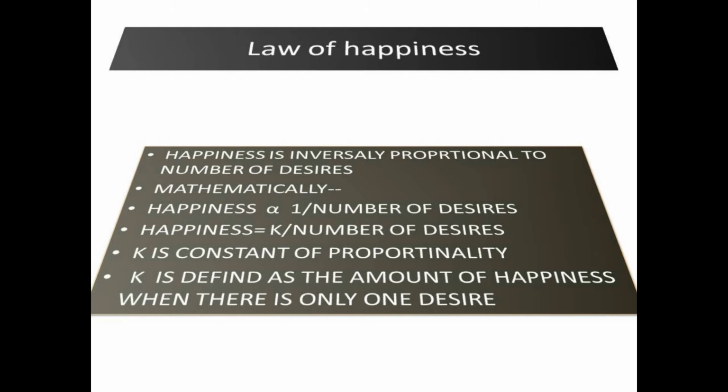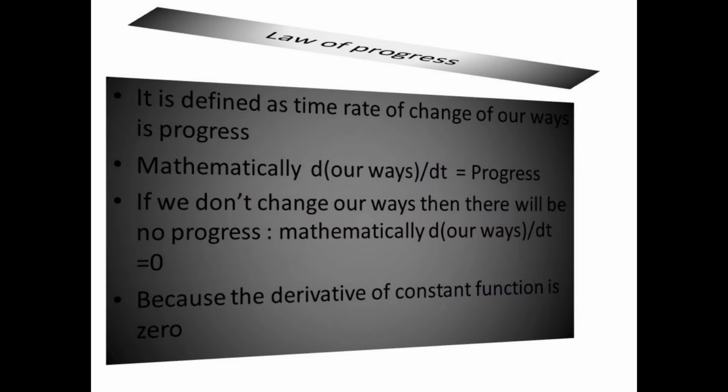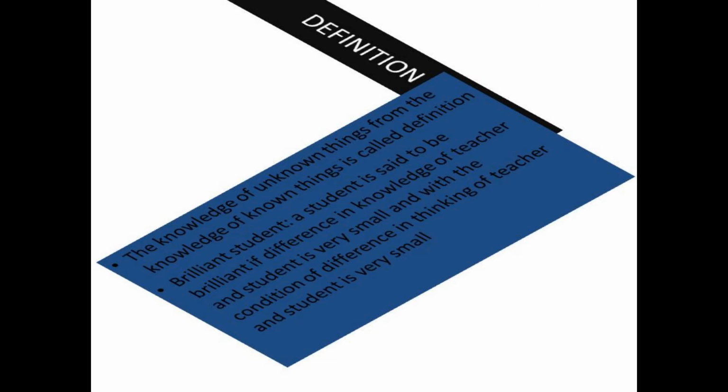Mathematically, a student is said to be brilliant if for a given epsilon positive there exists delta, or you can say d positive, such that |f(t) minus f(s)| is less than epsilon for all t minus s, mod less than delta or d.